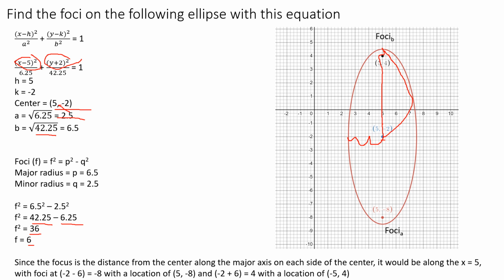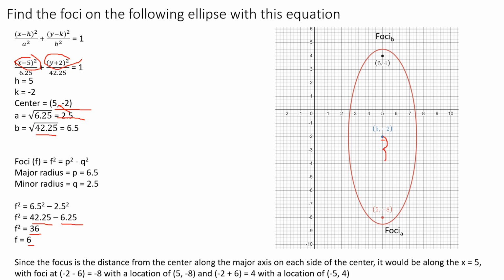And again, that focus is from the center point along whatever the major axis is. So let's look at this. If it's 6, well, my vertical axis is my major axis here. So it starts right here at 5, negative 2.